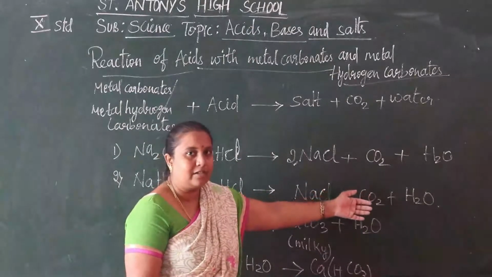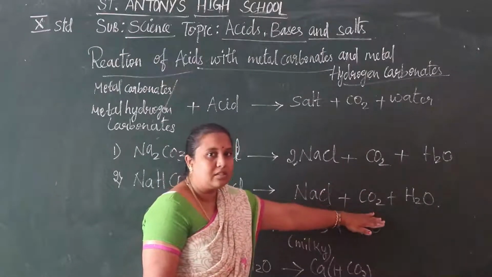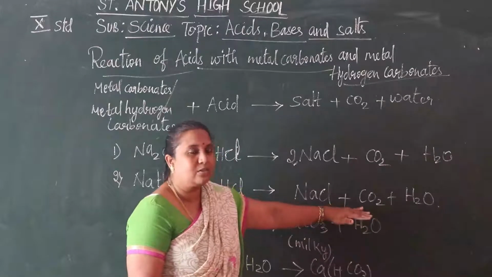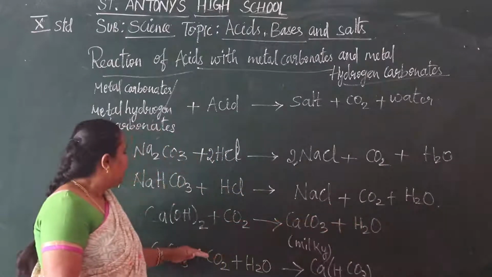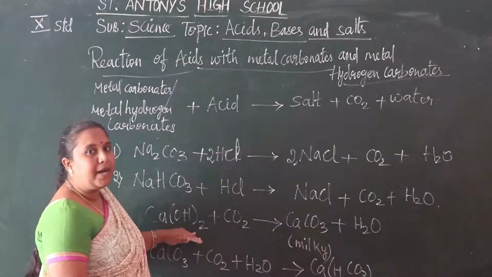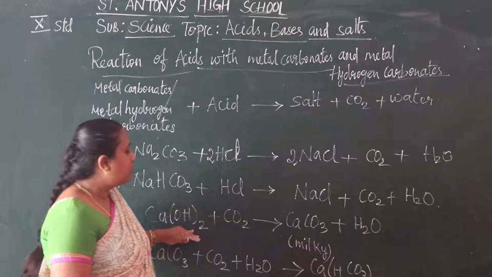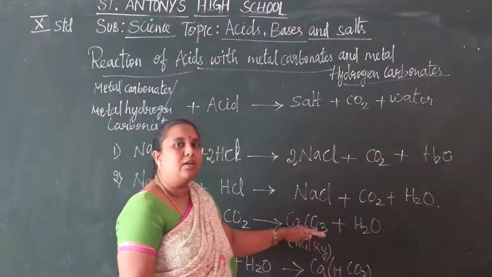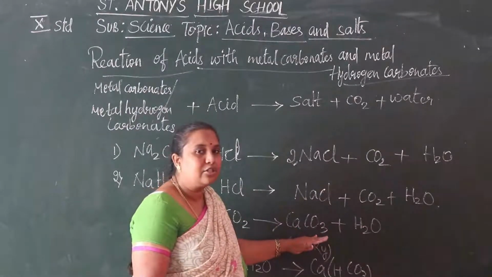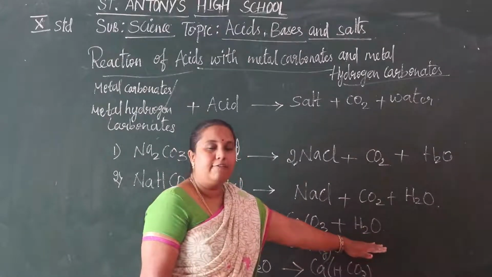Carbon dioxide gas evolves. How to test that? We pass this carbon dioxide gas through the quicklime. What is quicklime here? Calcium hydroxide. It turns milky. The milkiness is calcium carbonate, and water also forms.